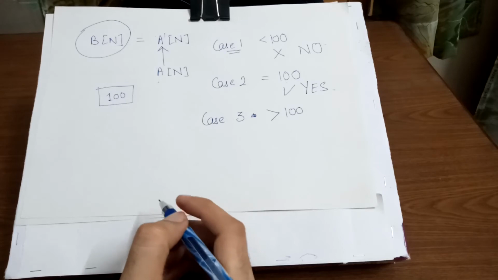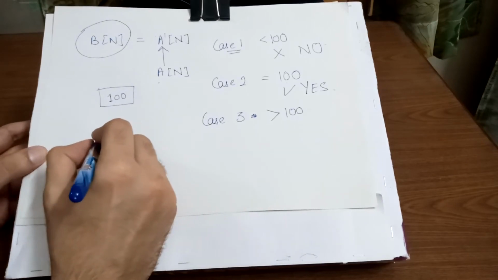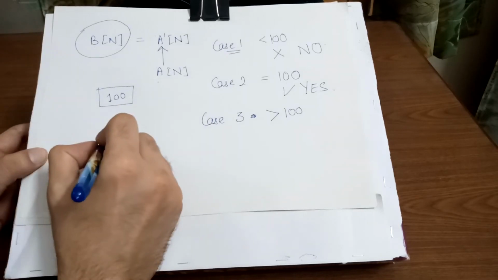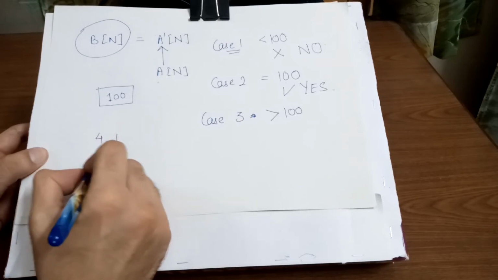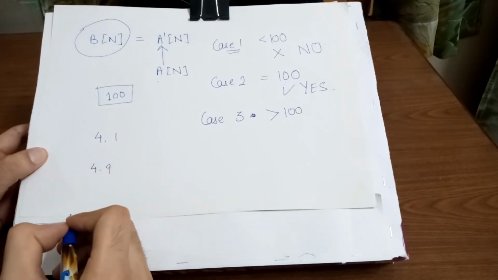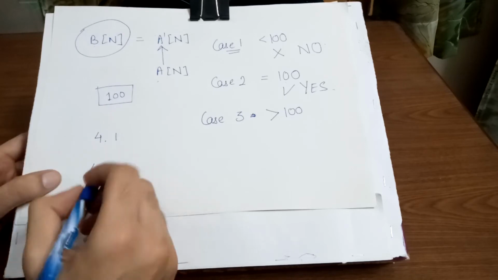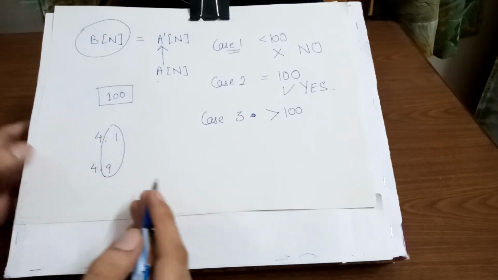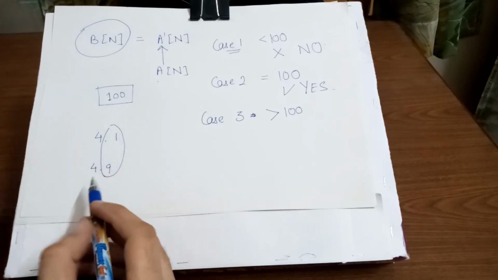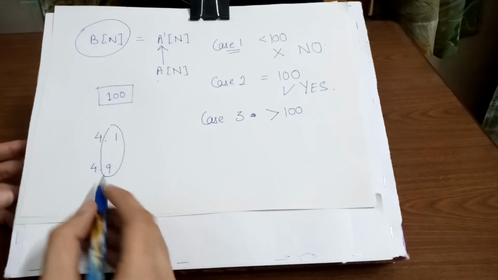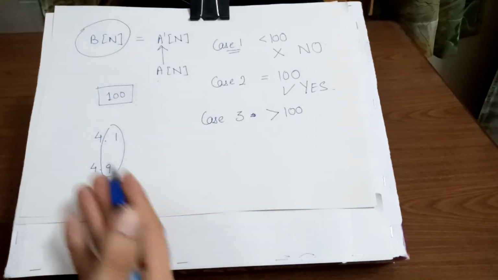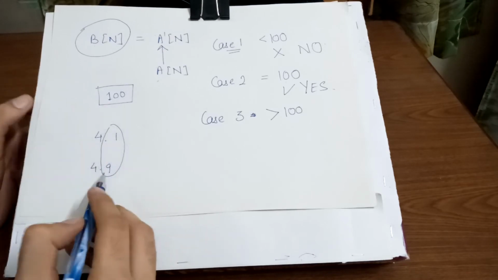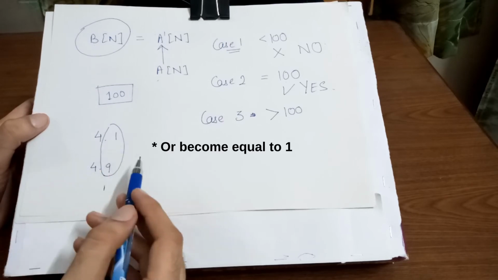What I mean by that is, suppose we have 4 as an element present in B. Now it can variate from 4.1 to 4.9. What I mean is that it can only variate in the range of 4 and from the range 0.1 to 0.9. I mean, it can obviously be 0.000 and I can use as many zeros as I want, but that variation can never exceed 1 because then it will move to the next integer.